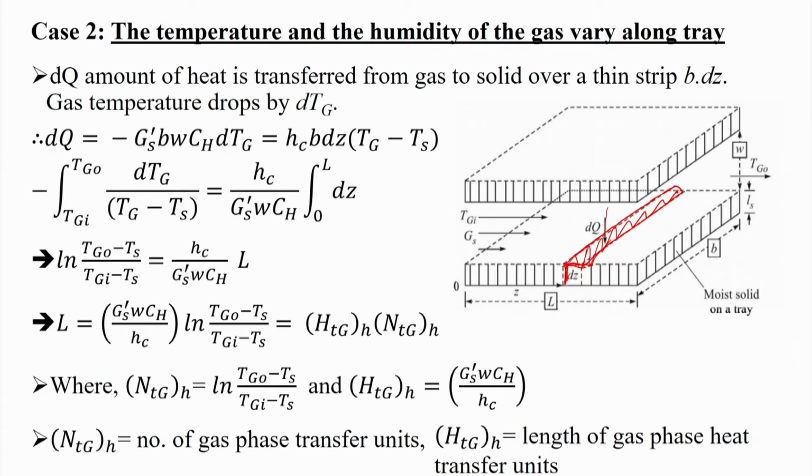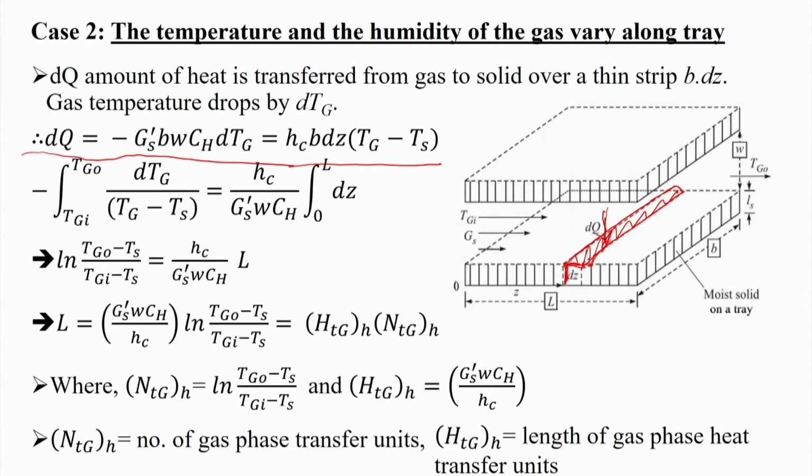Okay. So dq is equal to minus Gs' into B into W into Ch into dTg, which is nothing but Hc into B into dz into (Tg minus Ts). We are assuming that this is due to convection, while the radiation and conduction parts are very negligible.